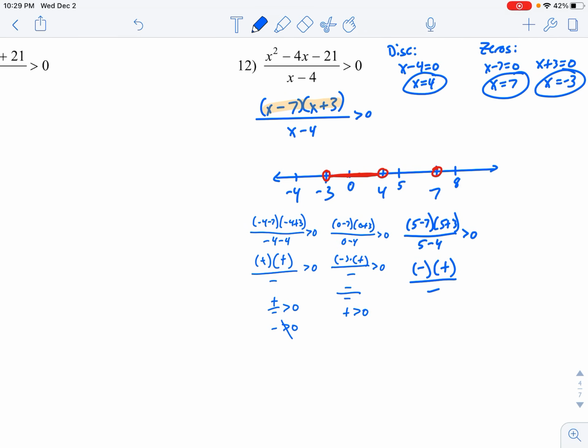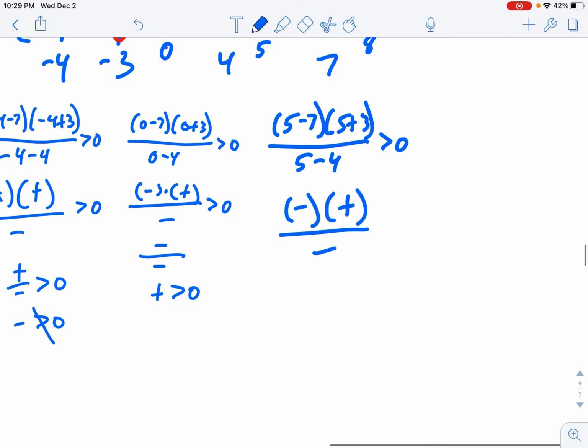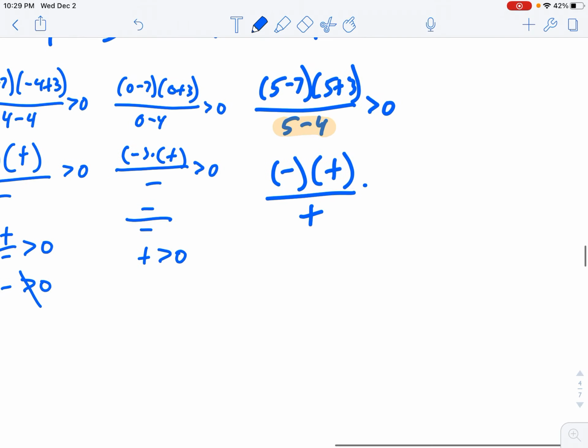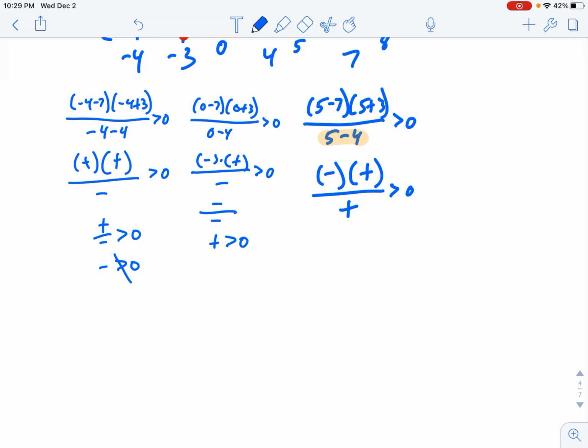Just doing a quick double check because I'm a little worried that I'm about to screw something up. Yeah, I did. 5 minus 4 is positive 1. Okay, whew. Just got a bad vibe there and it paid off.